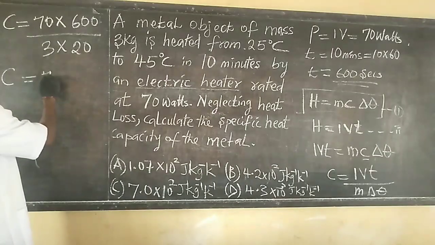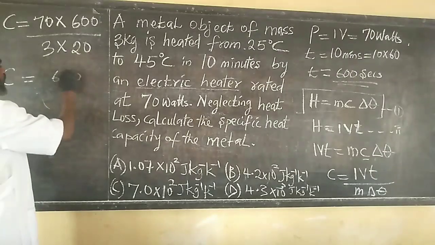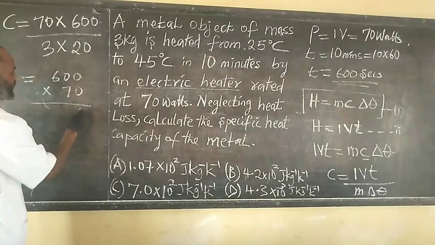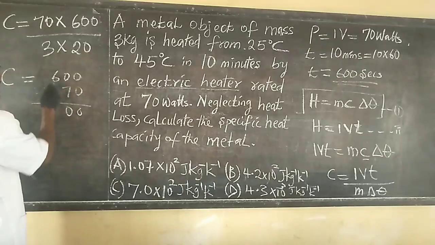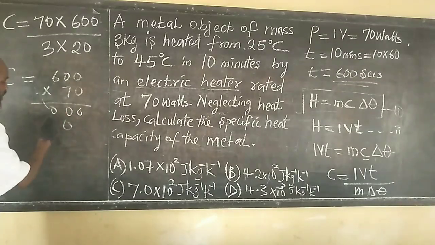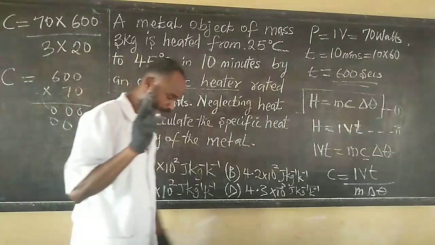We have 70 times 600. Let's just do that. We can say 600 times 70. It's very simple. What we do here is 0 times 7 is 0, 0 times 7 is 0 again, and then 7 times 6 is 42.